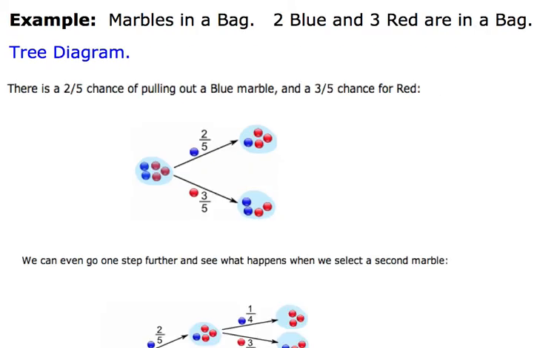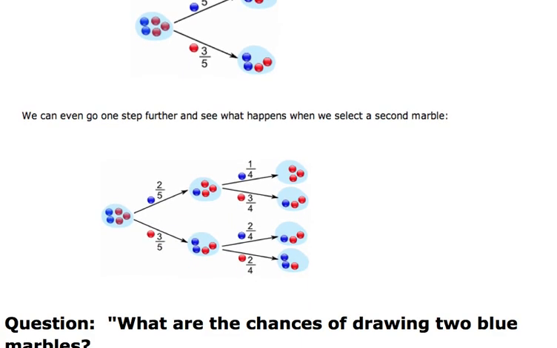All right, here's that tree diagram again. There's a 2 in 5 chance of pulling out the blue marble. That was the beginning. And you have a 3 in 5 chance of red. If we go a step further and grab that second marble, so now we're at the second marble, so the blue marble is gone. And we want a second blue marble.